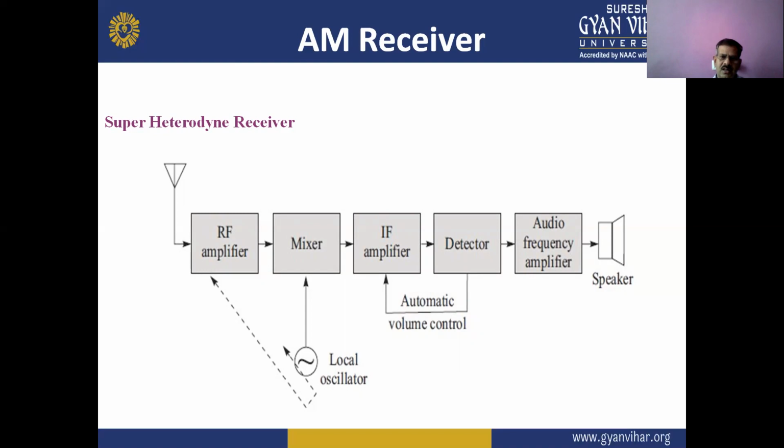Then the signal of the IF amplifier is applied to the detector, and here is the automatic volume control device. The output of the detector goes to the audio frequency amplifier, which receives the signal from the detector and transmits it to the speaker. So this is the AM receiver system.